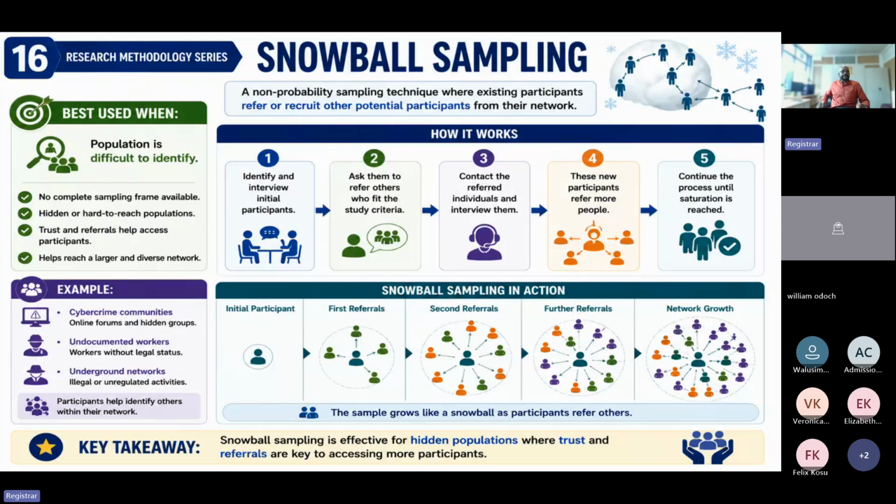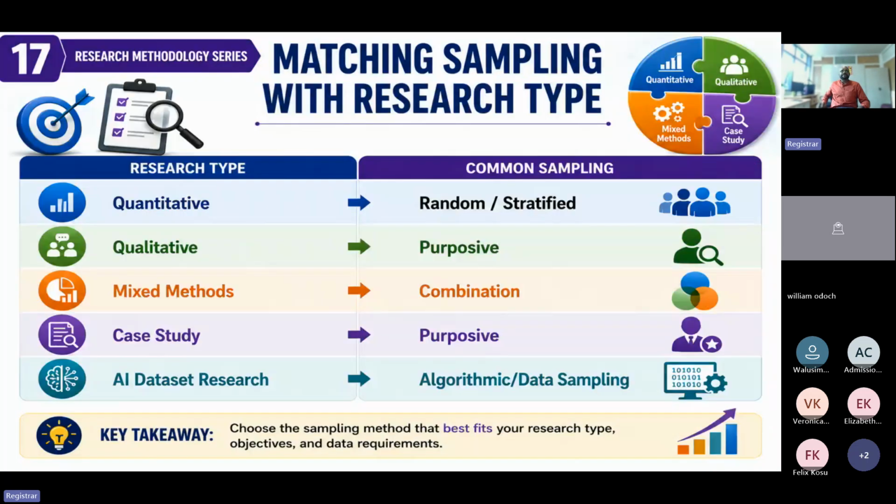This I've explained very well. Initially, you start with one participant. From there, you get referrals, and once you find everyone is on board, your work ends. Okay, so that is snowball sampling. I told this many times, but just to reinstall once again.